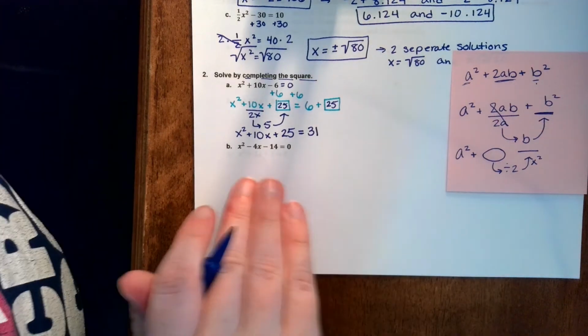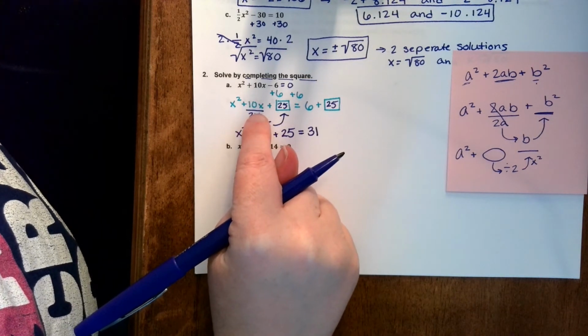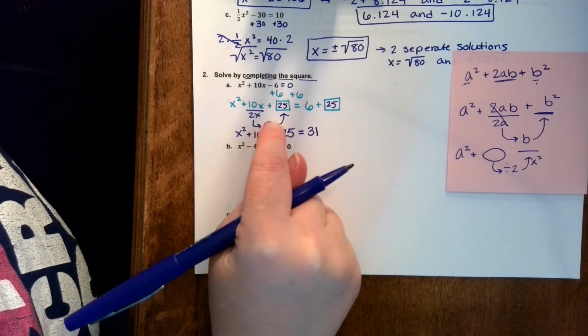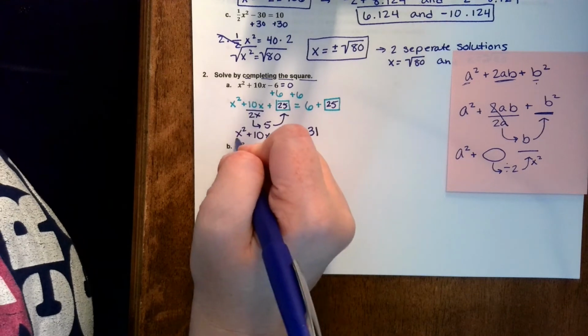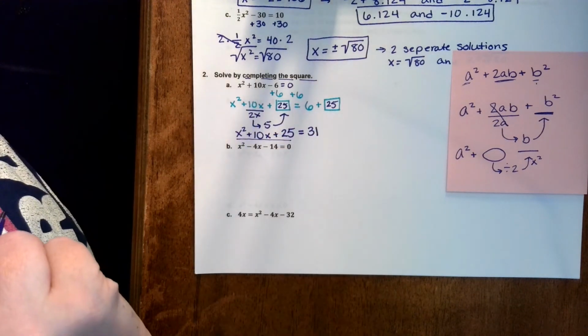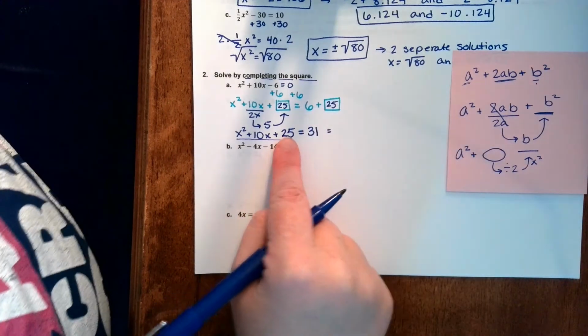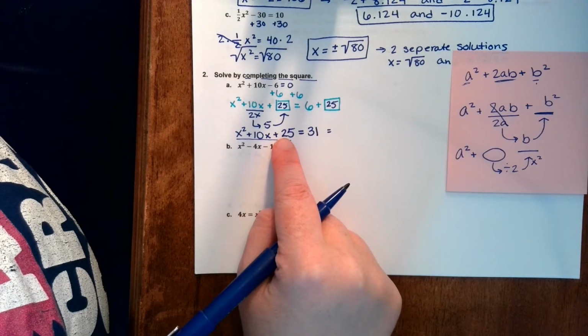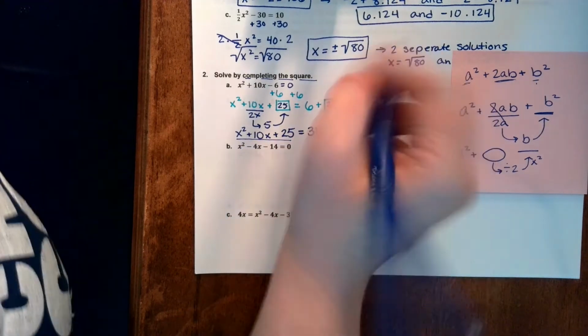Okay, so I know that seemed kind of weird. Again, we divided this by 2 and a to get our 5, and then we squared it, and now we can factor this. What can I multiply to get 25? Well, I can multiply 5 and 5, and that gives me 10.